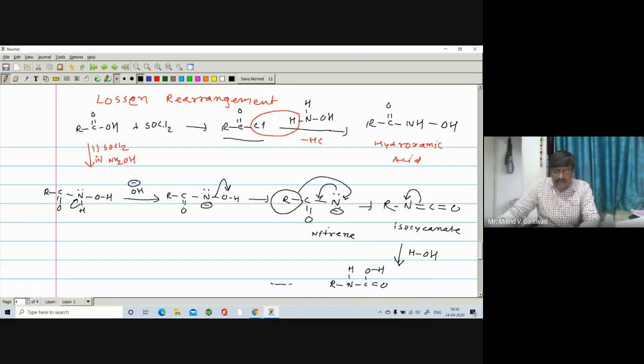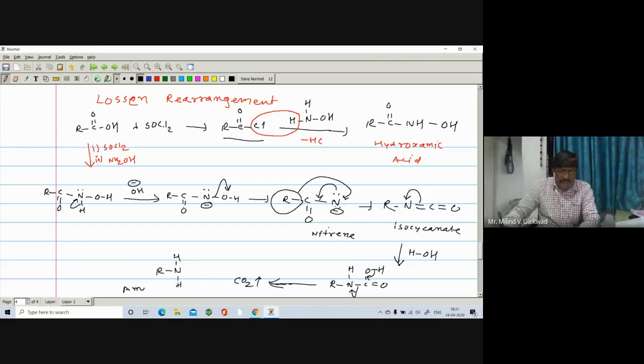And further, it undergoes such type of opening. This N negative, C positive, shifts here. There is a removal of CO2, and N negative, H positive will attack here, and there is a formation of R, H, and H, means amine.